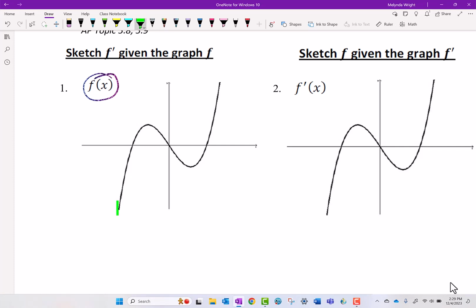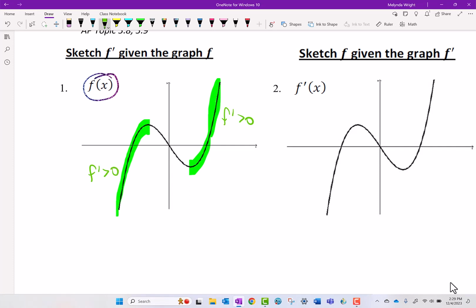So if we look along this section right here, all these slopes are positive. And we keep looking and we see all of these slopes are positive. So what does it mean when the slopes are positive for the first derivative? That means that f prime is greater than 0 here and here.